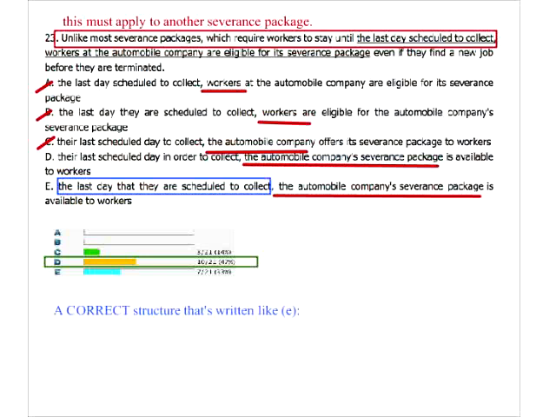If you have something like this: the next book that the class is required to read is unavailable at the bookstore.